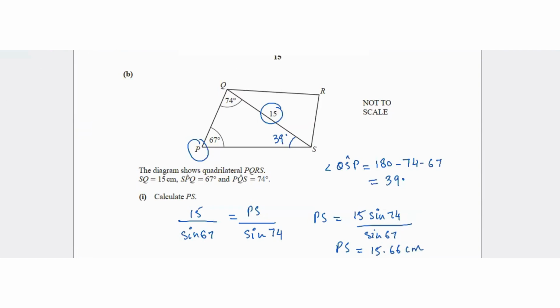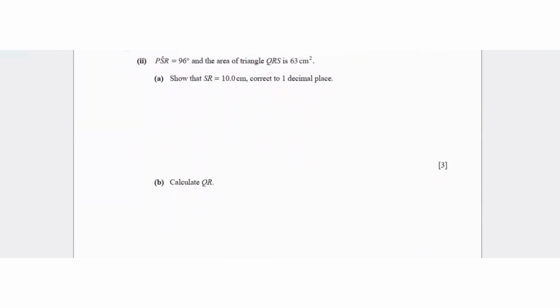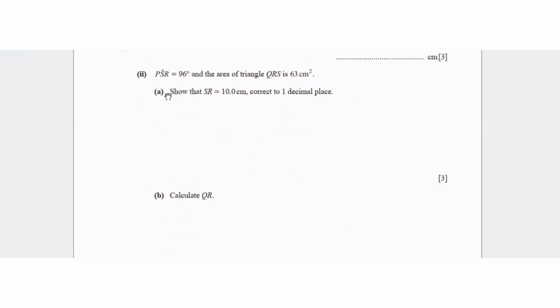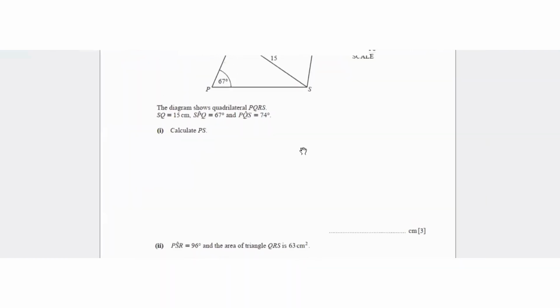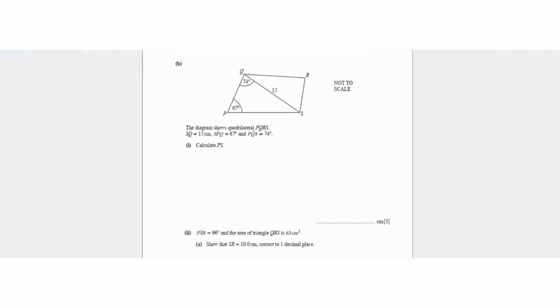Then it says angle PSR equals 96 and the area of triangle QRS is 63. Find that SR equals 10 centimeters, correct to one decimal place. I'm just going to make this small so that I can see the diagram.